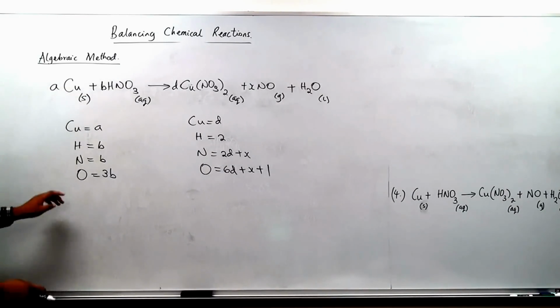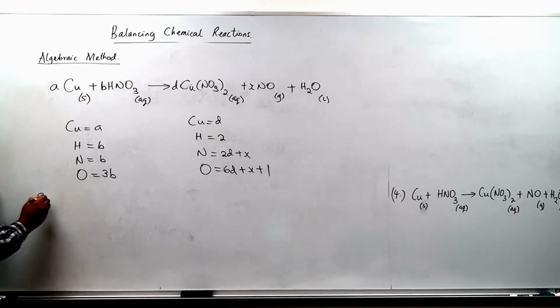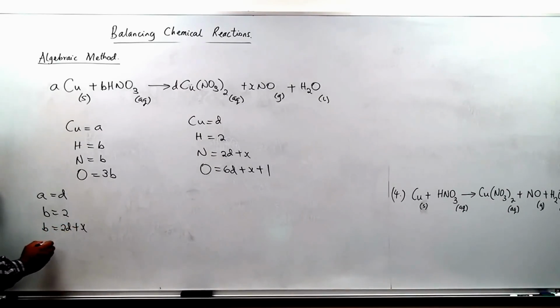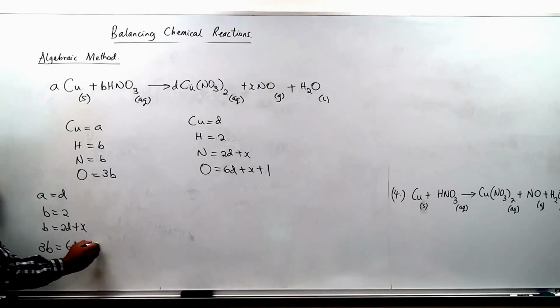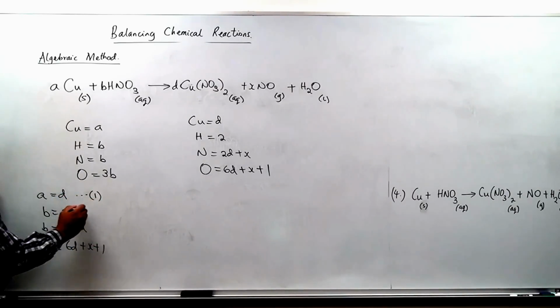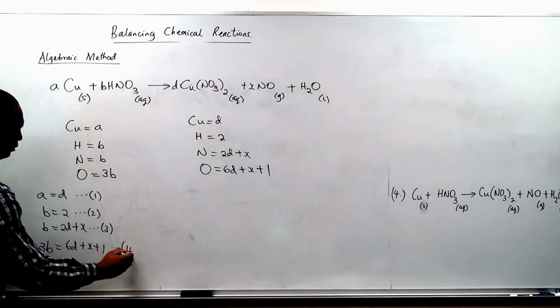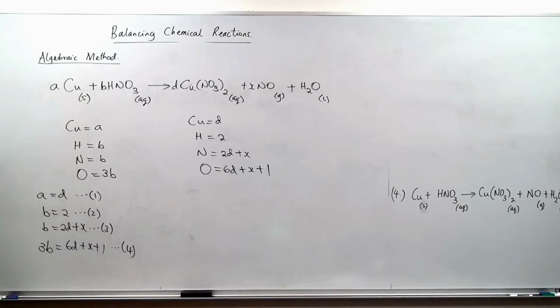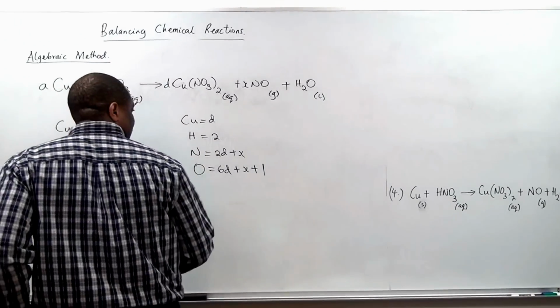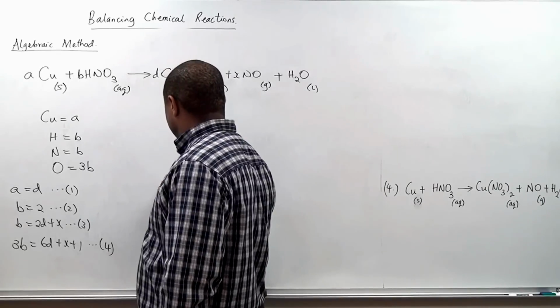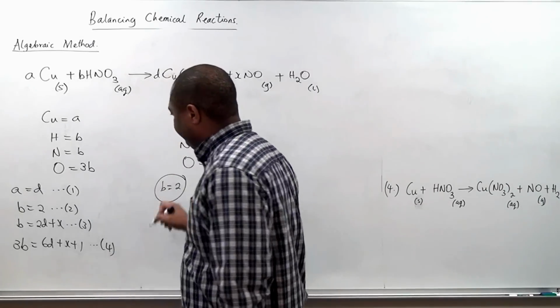Alright? So let's go ahead. This is A equal to D, B equal to 2, B equal to 2D plus X, and then 3B equal to 6D plus X plus 1. Equation 1, equation 2, equation 3, and equation 4. Alright, we look at this now, and we see already that our B is equal to 2, which is good.